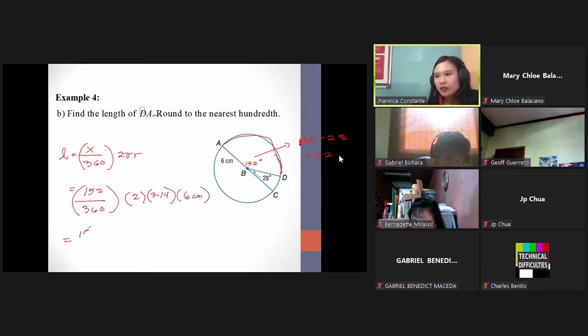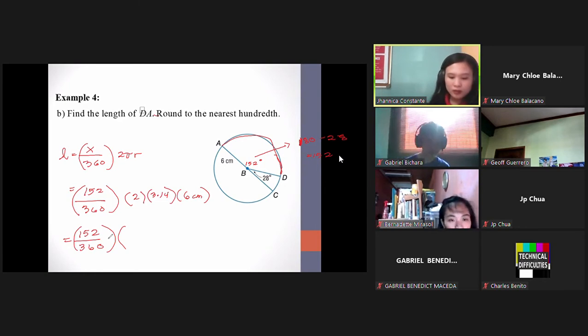So 152 over 360 multiplied by 2 times 3.14 times 6 is equal to 37.68.